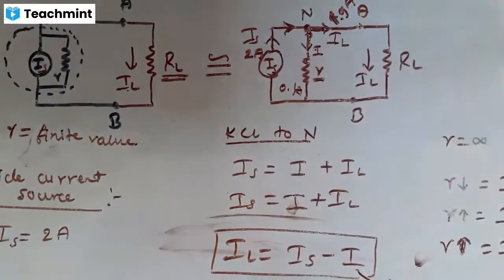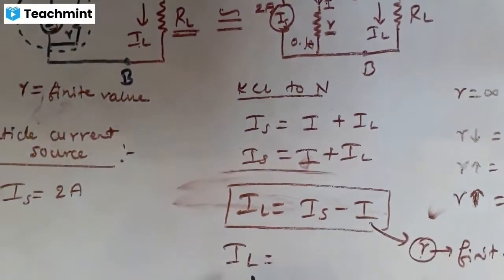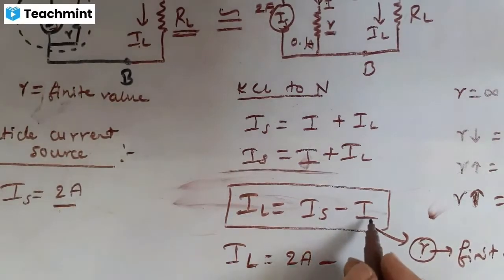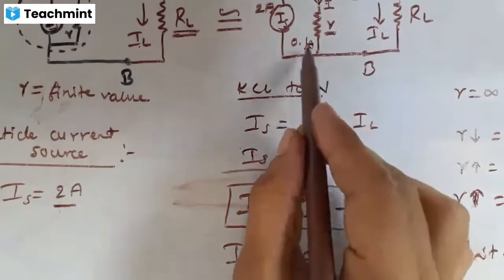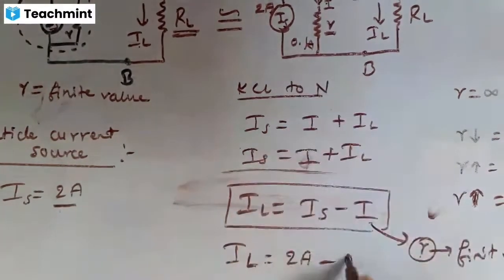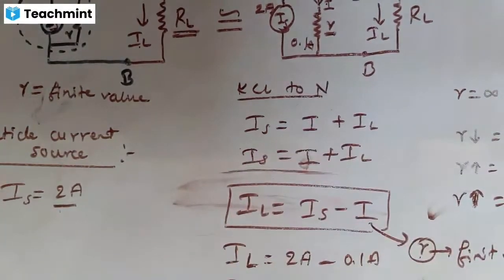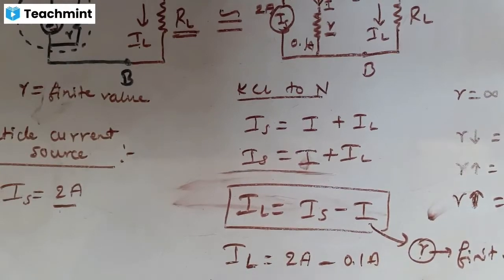Again, you can calculate from this equation also. IL is equal to IS, I told it is 2 amp, minus I, here I told it is, for example, 0.1 amp. So IL you will get 1.9 amp.